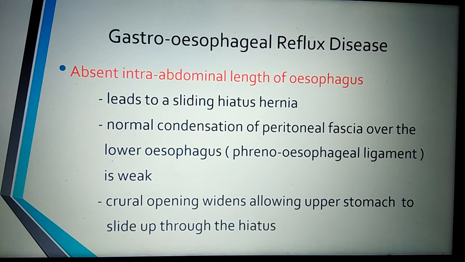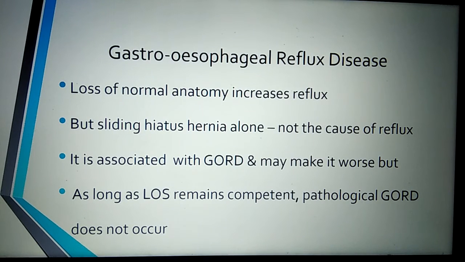Again, it aggravates the GORD. Sometimes, if the normal anatomy we have discussed is lost, or some abnormality is there, it may increase the reflux. We are discussing the various factors responsible for GORD.